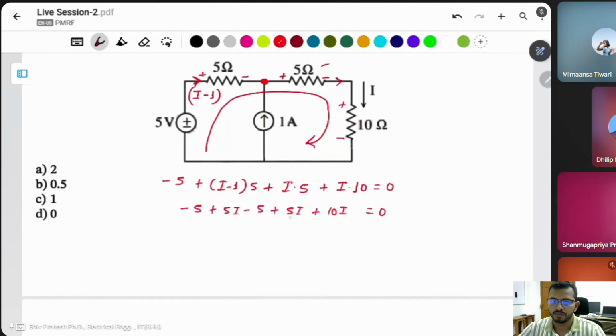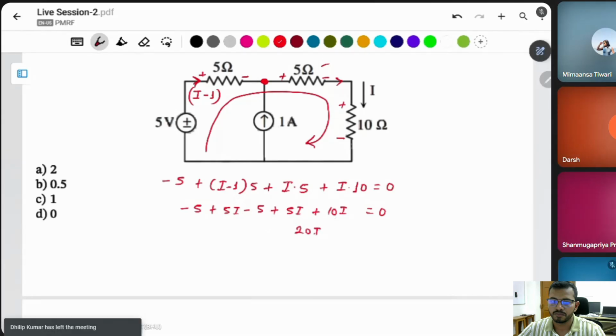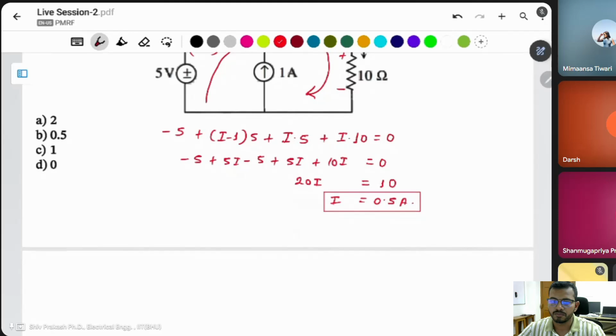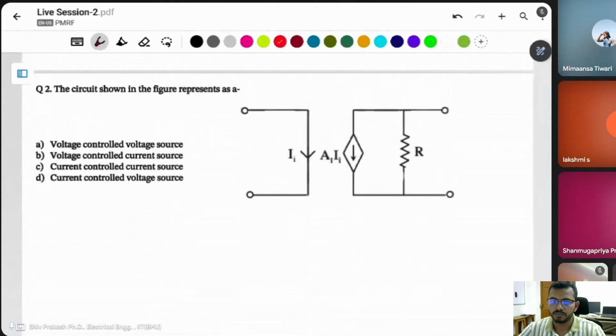Plus 5I plus 5I plus 10I is equal to 20I, equal to minus 5 will be 10, then I is equal to 0.5 ampere. Okay, then this is the next question.